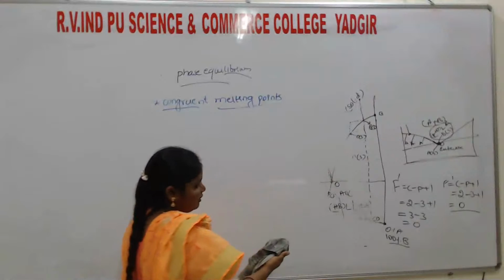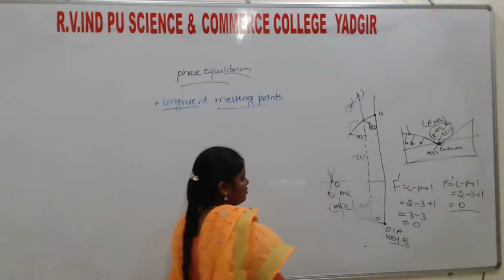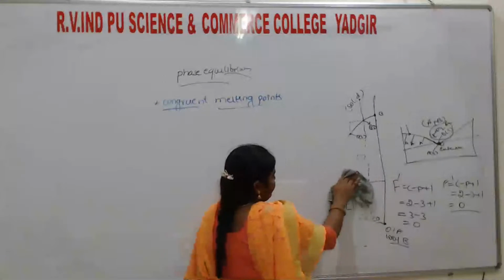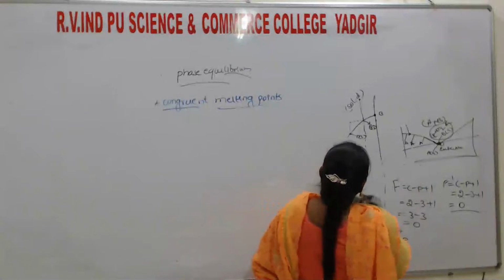Congruent melting points and incongruent melting points, only one small difference, congruent and incongruent melting point.